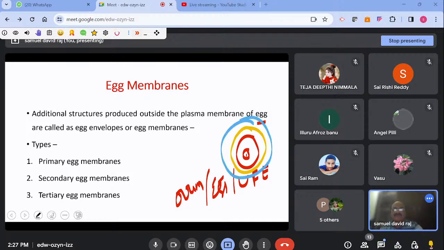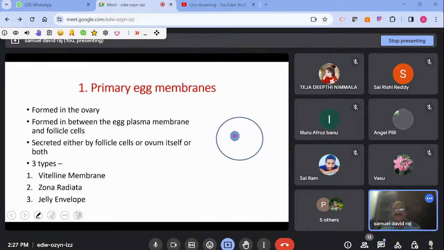After its formation, it shows additional membranes around it. We can call them primary, secondary, and tertiary egg membranes. Let us discuss these three different types of membranes.